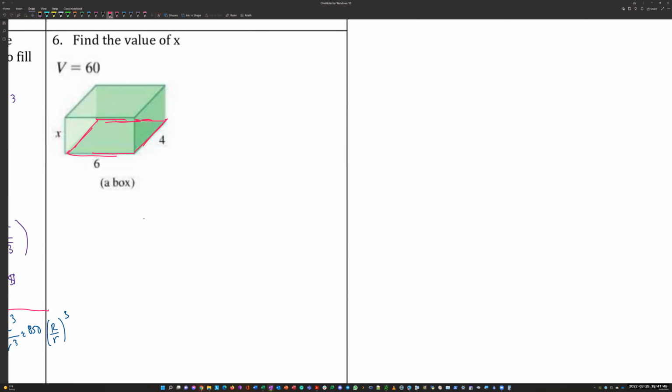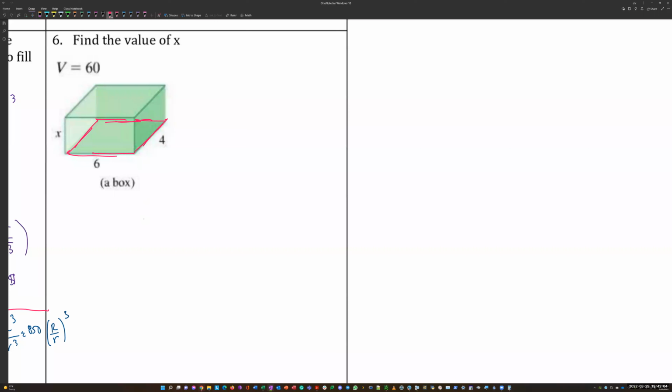Okay. What's the area of the base? Is it 48? 6 times 4 is 24, not 48. Does that make sense? Yeah. Okay, then what are we going to do?